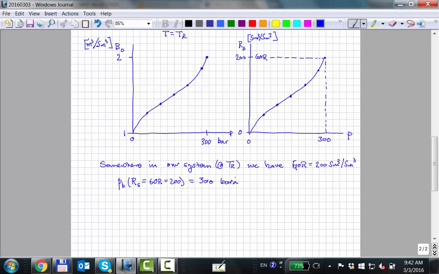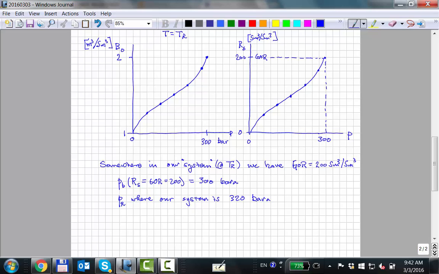Now I'm saying that the pressure in the reservoir where we pulled that oil out, where our system is, is 320 bar.